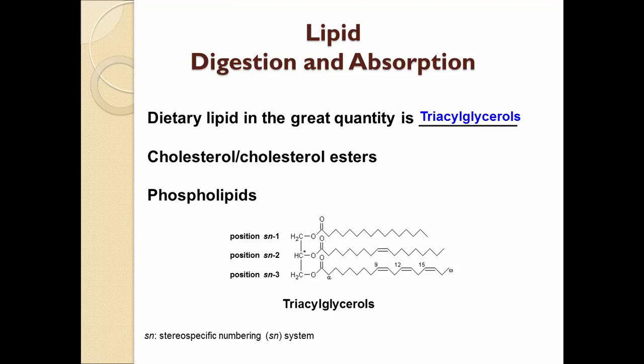Also, the 3 different fatty acids attached to the glycerol backbone are different in terms of their saturation. For example, the fatty acid at the SN1 position normally is a saturated fatty acid, right? SN2 is usually a monounsaturated fatty acid, and SN3 can be a polyunsaturated fatty acid, right? So different fatty acids are attached to different carbon positions in the glycerol.